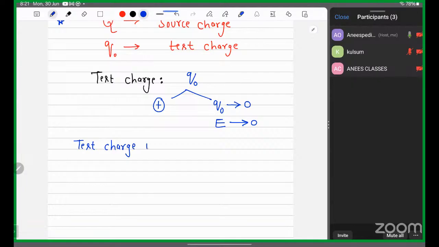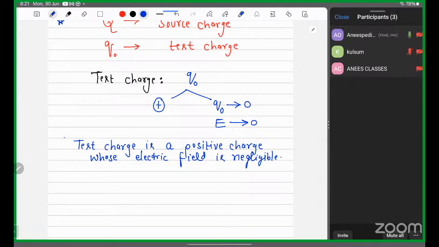Okay, so you can define test charge. Test charge is a positive charge whose electric field is negligible.